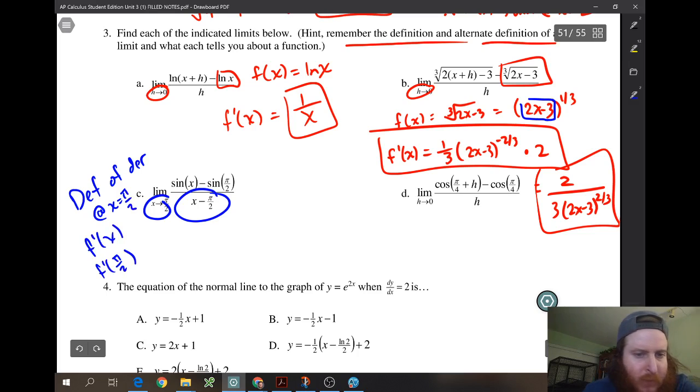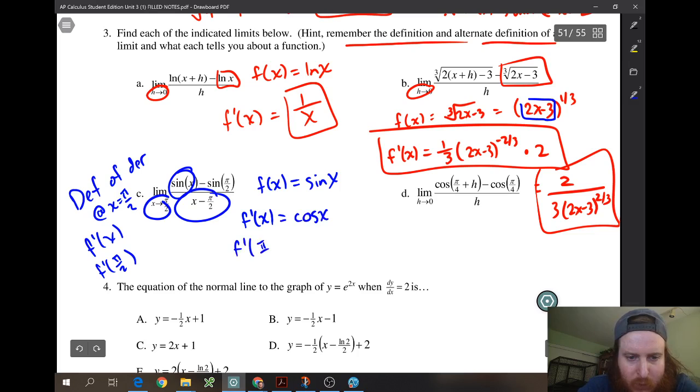That's what this one's asking. So f of x equals sine of x. What's the derivative? Well, f prime of x would be cosine of x. Now we have cosine of x, so let's plug in pi over 2. Cosine of pi over 2 is just 0.